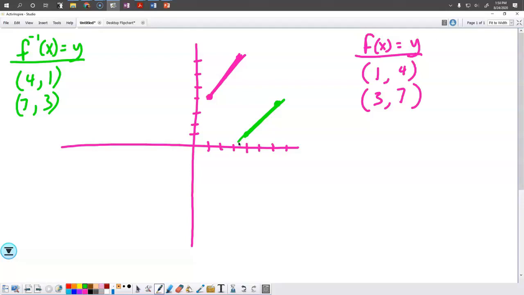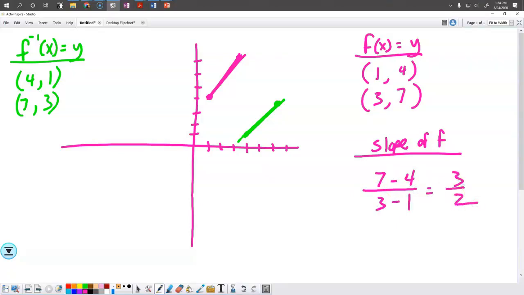But let's talk about their slopes a little bit. Okay? So for the one on the right over there, the slope is going to be y2 minus y1 over x2 minus x1. It's 3 over 2.